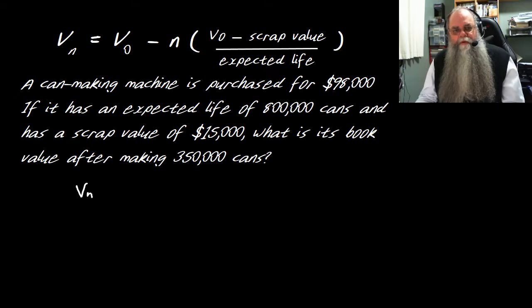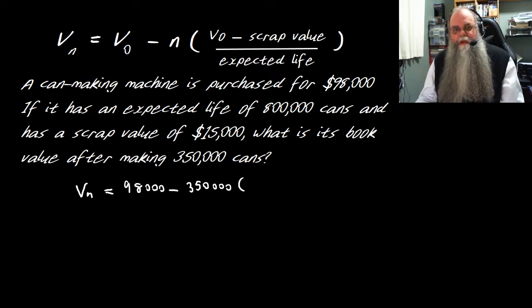So we use our formula where we start with V0, the purchase price, and we take away that N, which is the number of times it's been used, which in this case is 350,000.